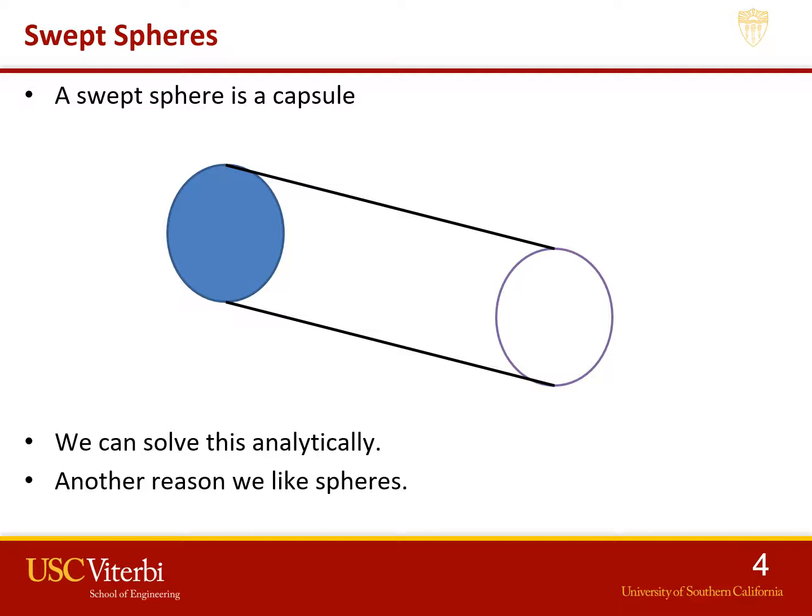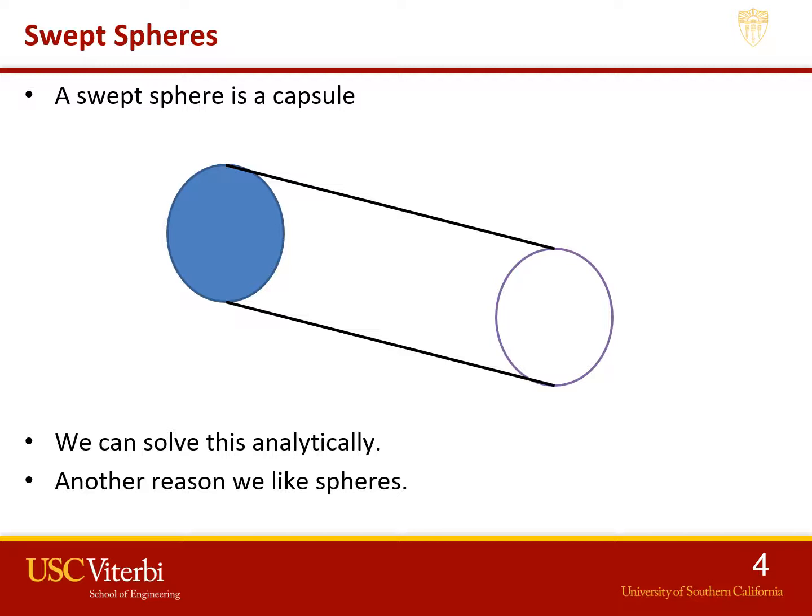We'll sweep it through time. We start the sphere here, and then we move it linearly in this direction, and all the spaces it occupies in between, that's the shape that we make. And that final shape is a capsule, like a Tylenol capsule or something.